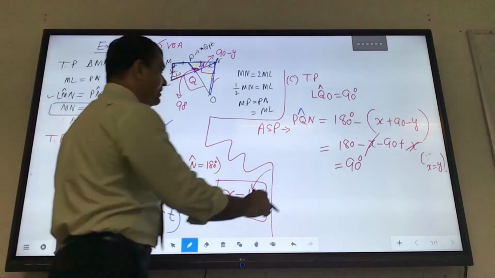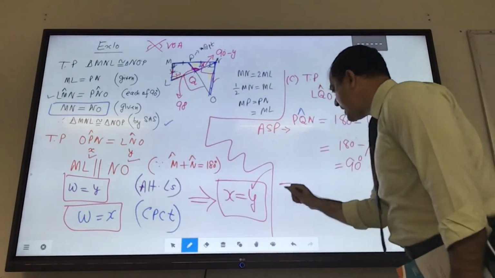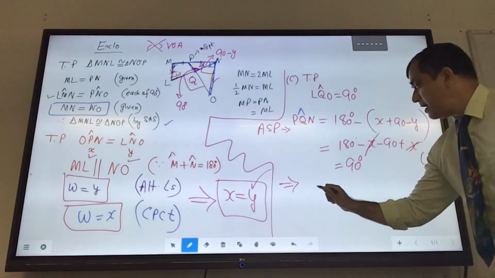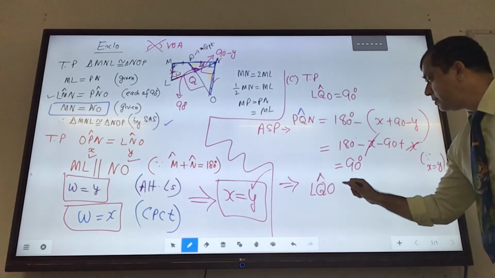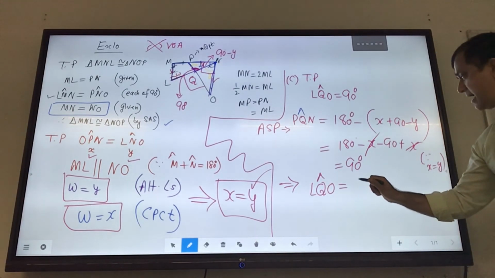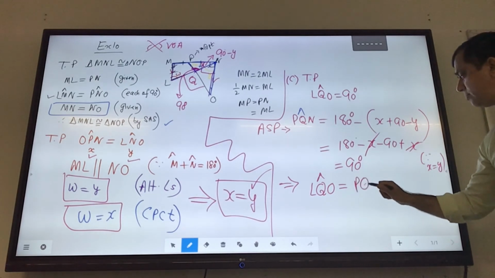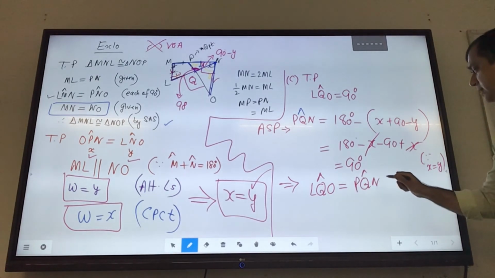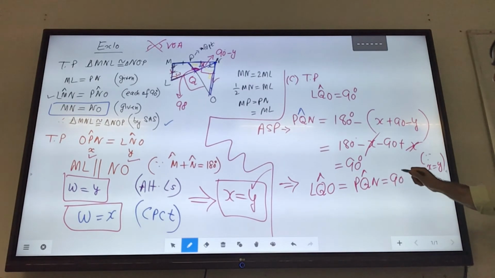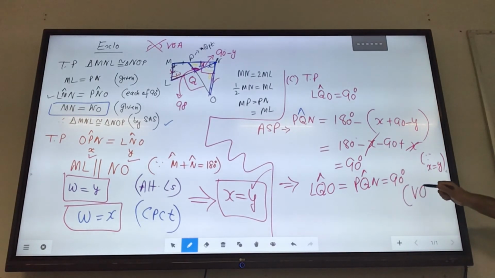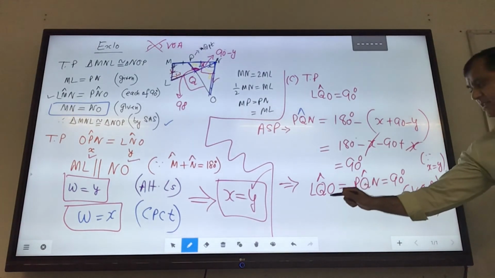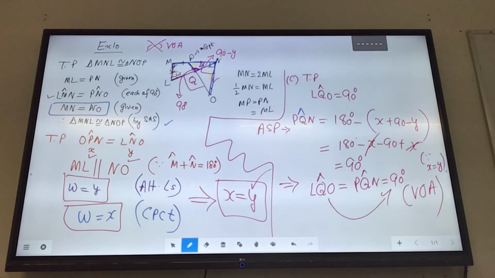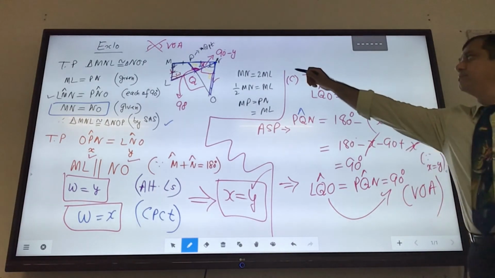Now, it implies angle LQO is equal to angle PQN is equal to 90. Reason, vertically opposite angles. So that means LQO is 90, C part is done.